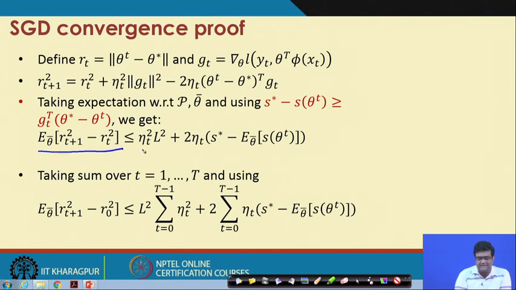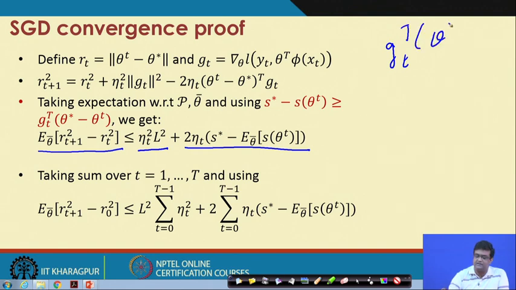And we assert that this is nothing but eta t square L square plus this term. Now, how do we get this? Note that from here we have to provide an upper bound on this G t transpose times theta star minus theta t.